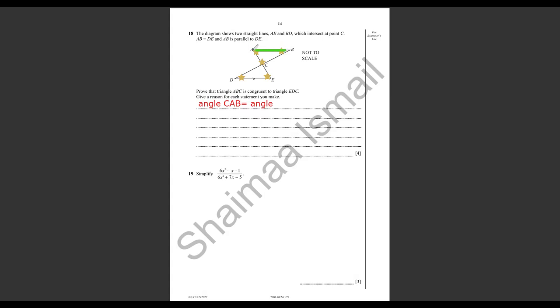as we said, this angle CAB equal to CED. By alternate, we can say here, second reason.